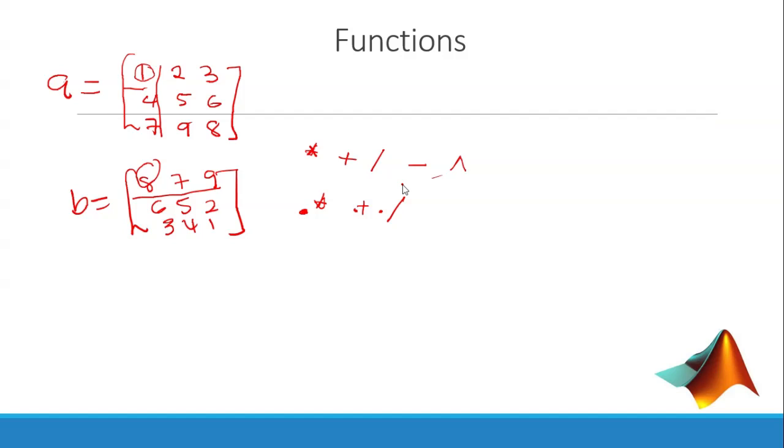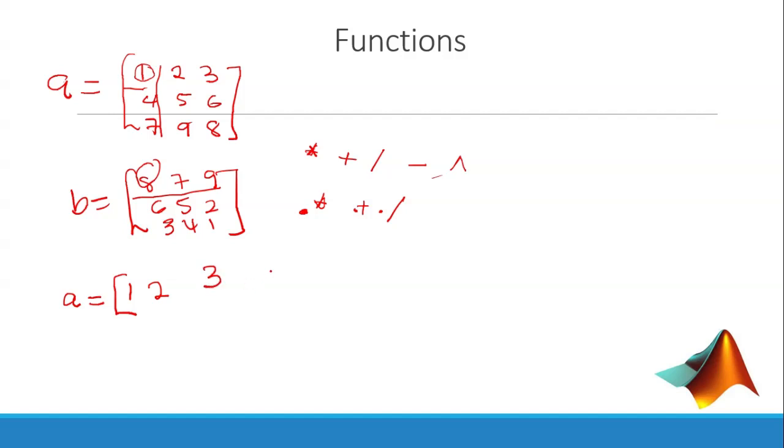Now how do I represent this in Matlab? I will type A is equal to, then use a square bracket. I will do row by row, so my first row is 1, 2, 3.